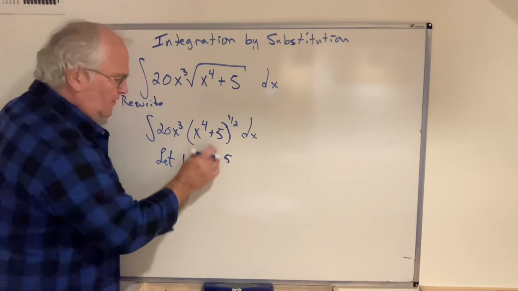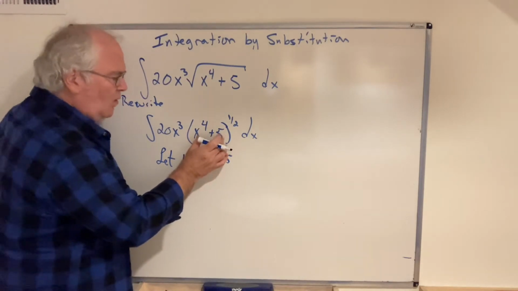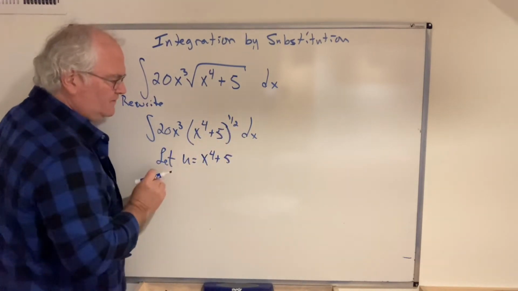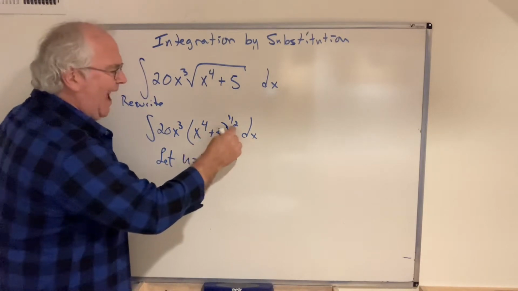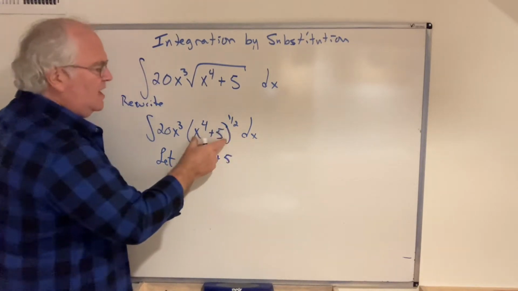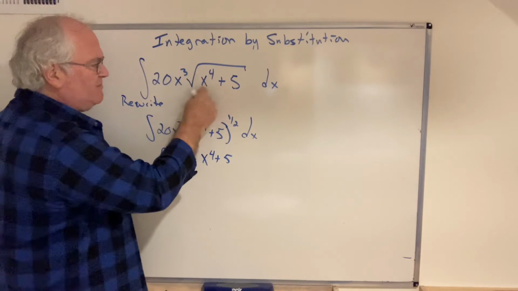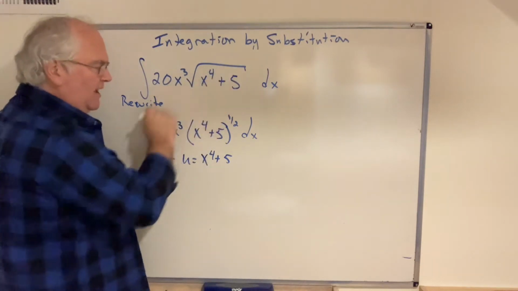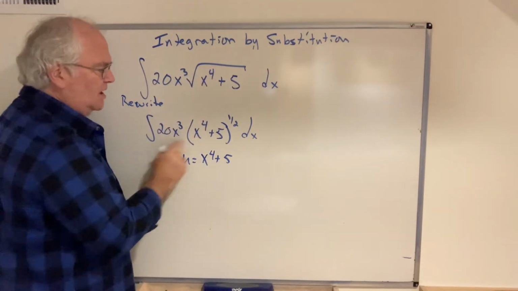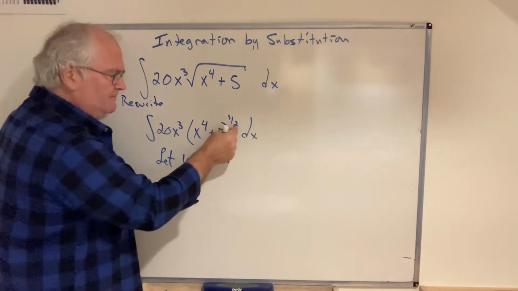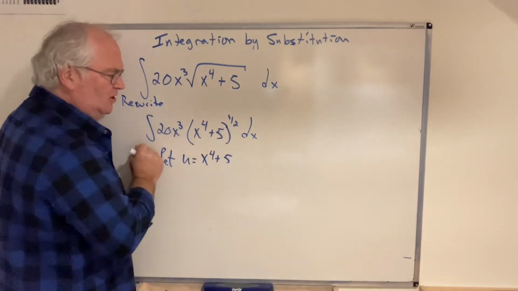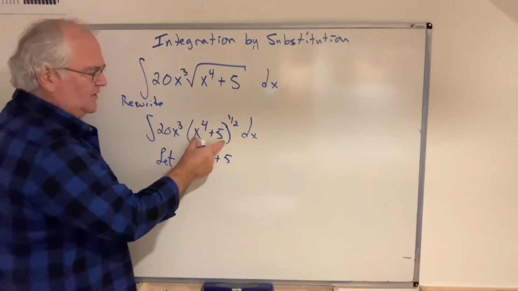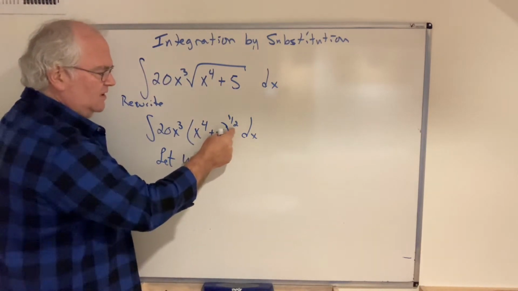So we've let u equal the quantity in parenthesis, the quantity that's being raised to a power, the quantity that's being acted upon by this other function. This quantity, x squared plus 5, is being acted upon by the radical function, the square root function. This is being acted upon by this 1/2 power function. The technical word is this is the argument of this other function.